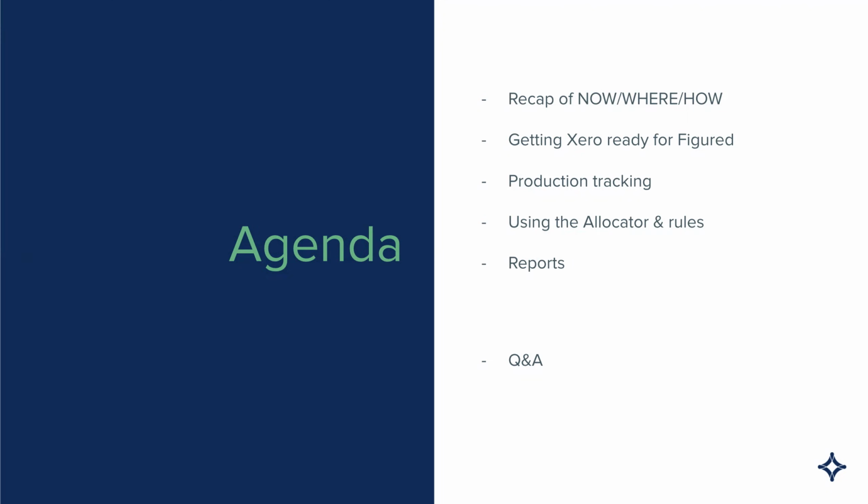Then we'll dive into the Figured side, go through some of the production tracking and the key points around there. Then we'll touch on the allocator and setting allocation rules, which again is really key for those actuals. Then we'll dive into some reports at the end and look at some of those really popular reports and the features within Figured reporting. And at the end, if you've got any questions, we'll have a Q&A.